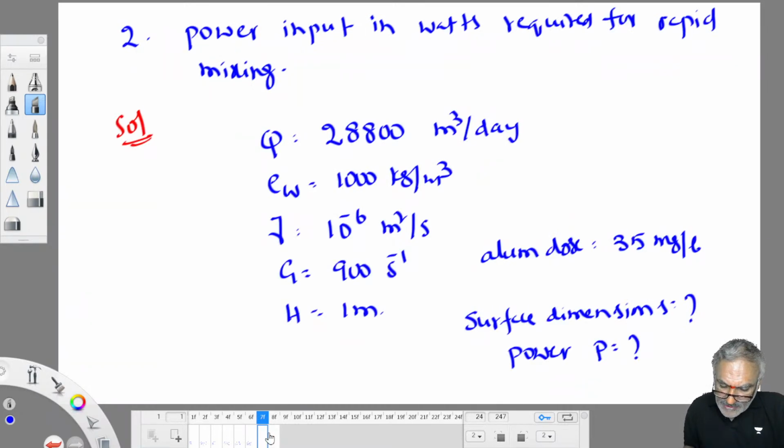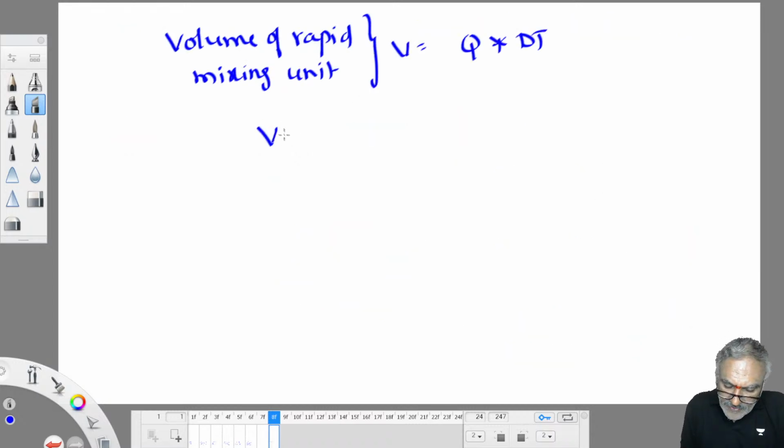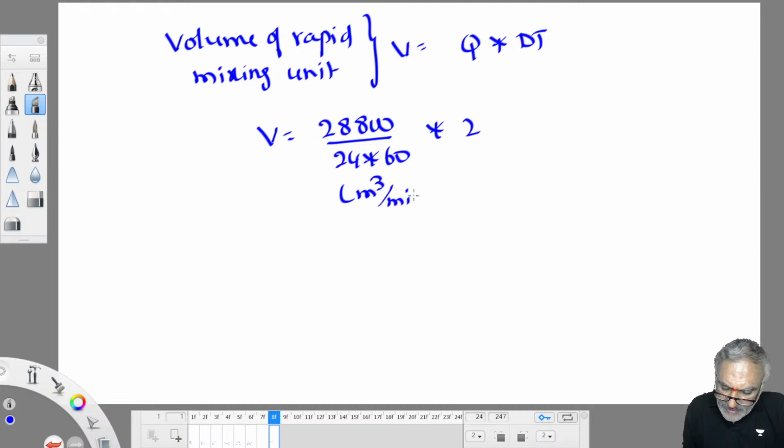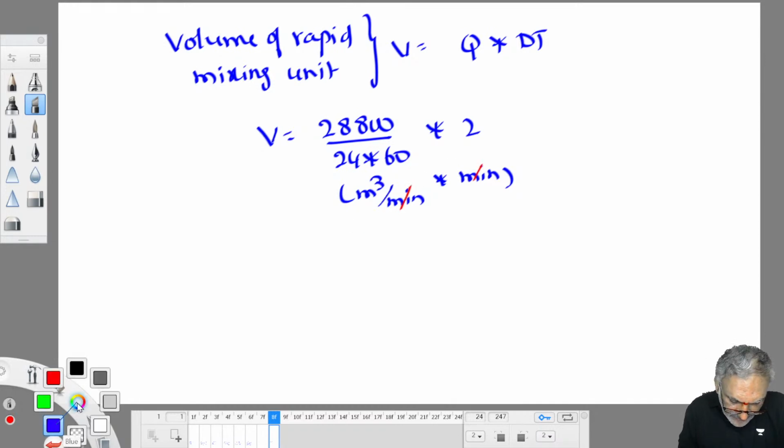Detention time is given in the question as 2 minutes. So V is equal to 28,800 meter cube per day, which I am converting into minutes by 24 into 60, into 2. So this is in meter cube per minute and this is in minutes, so meter cube and minute get cancelled, you are left with meter cube.